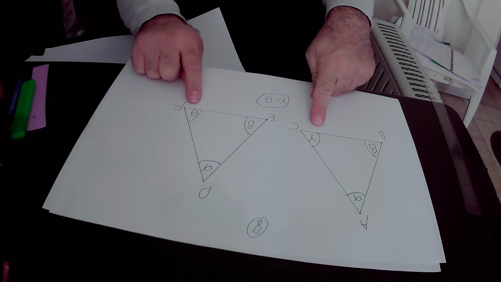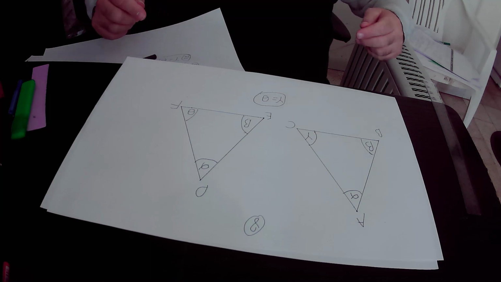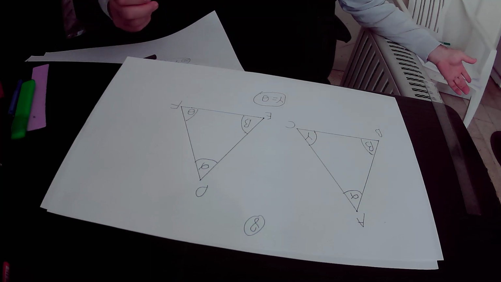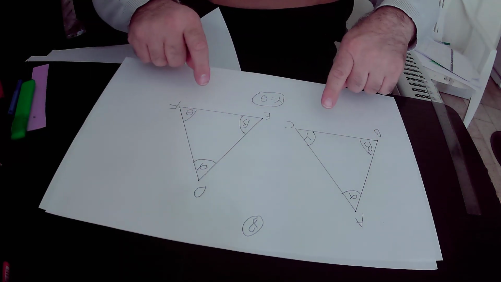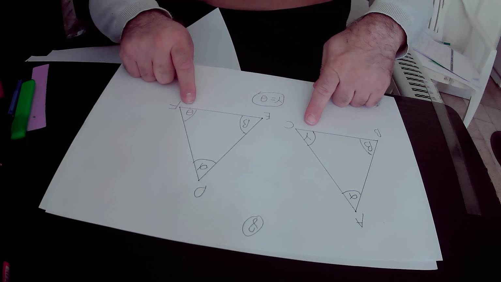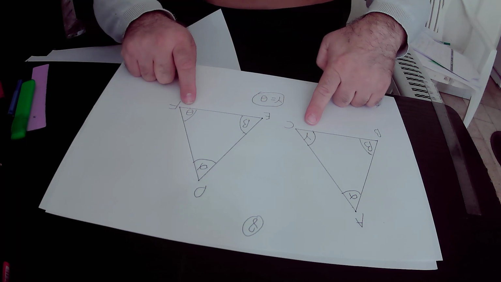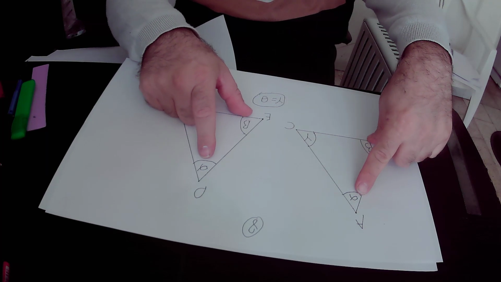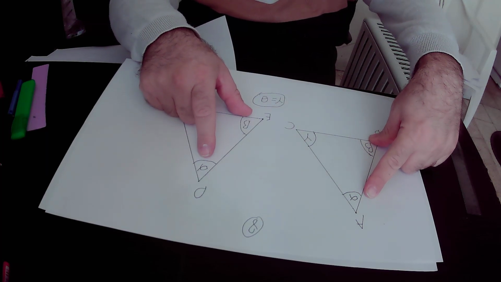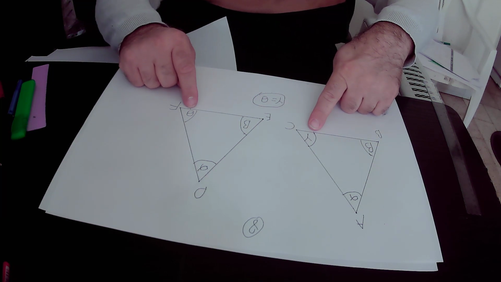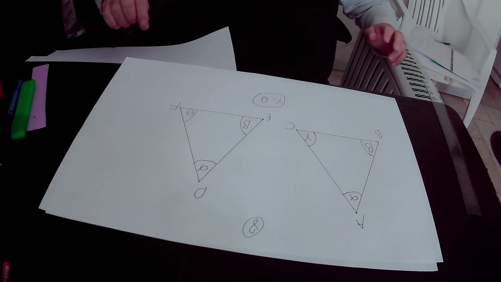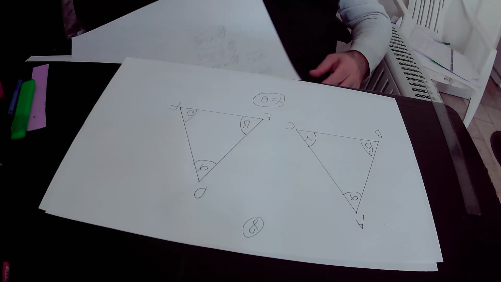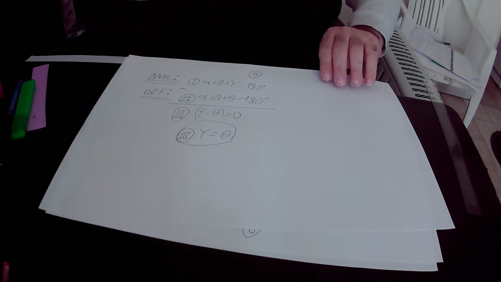We proved that if we have two pairs of angles that are equal in two triangles, then the third pair of angles must also be equal, or congruent.